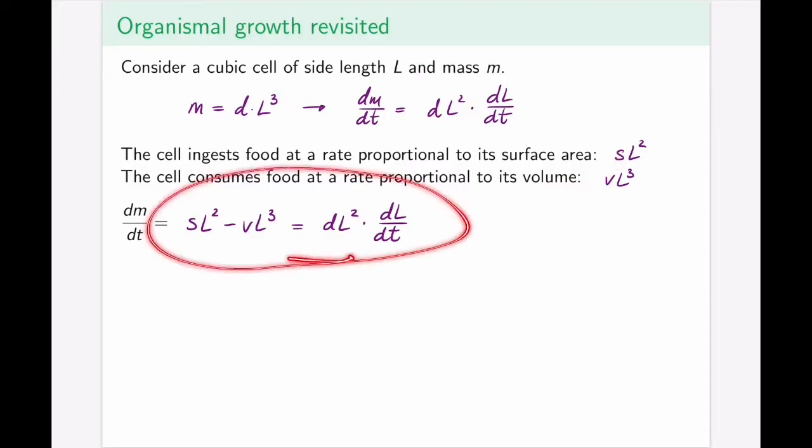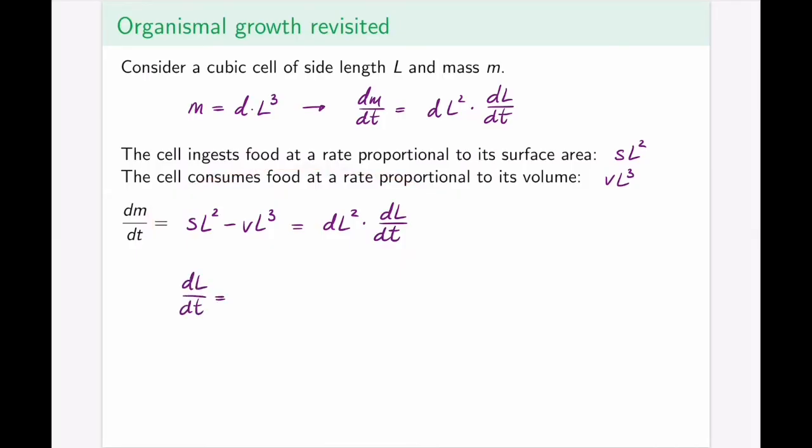Now, setting these two equal, we can solve for dl by dt, and what we end up getting is, let me write this out slower. So SL squared minus VL cubed, which is the right-hand side here, and we will divide both sides by DL squared. So all over DL squared. And then after we have split up this fraction and canceled out the L's, we're going to get S over D minus V over DL.